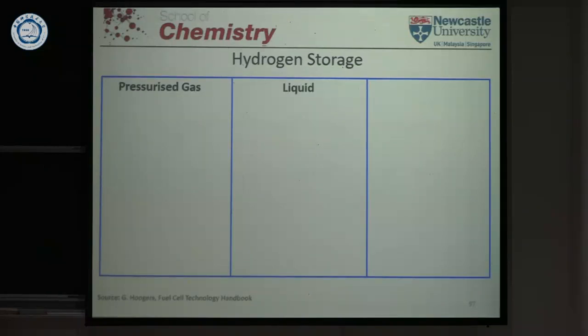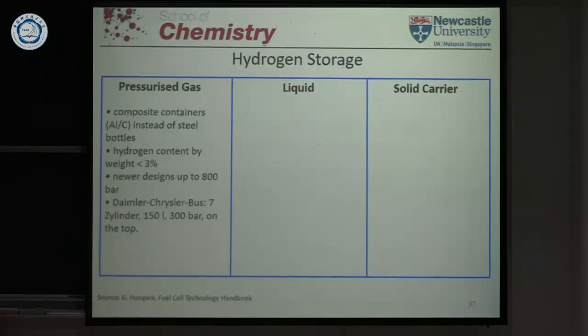Then the next would be that you liquefy it, transform it into liquid state, and the third one would be to bring it into a solid carrier and absorb the hydrogen this way. Now let's go through these three possibilities and look at the various conditions there.